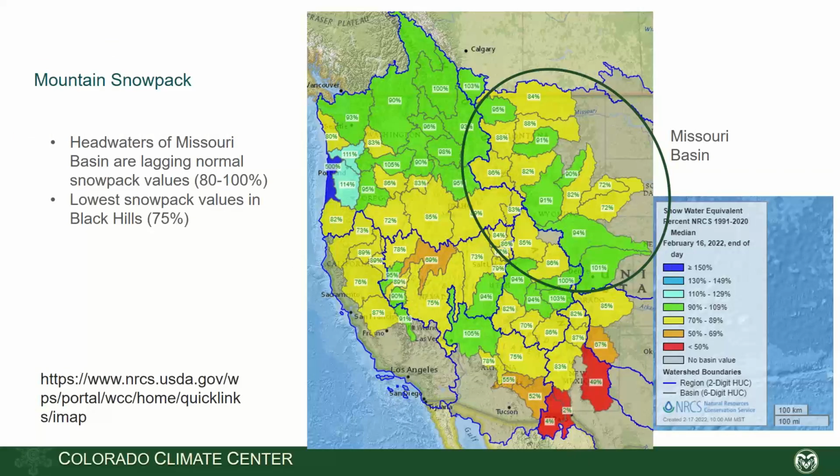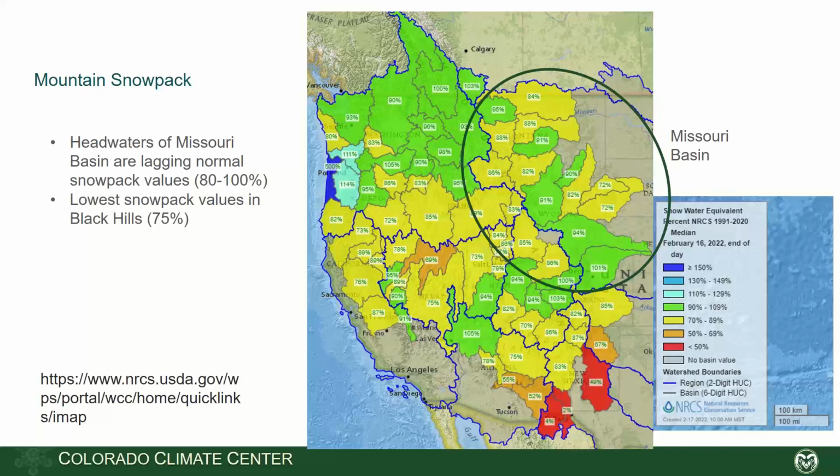All right, this is a quick look at the current snowpack across the West US, and I've circled, or rather ovaled, the Missouri Basin. It's not an exact oval. If you'd prefer to look at the kind of bold blue lines, that'll give you a more defined outline of the Missouri River Basin.